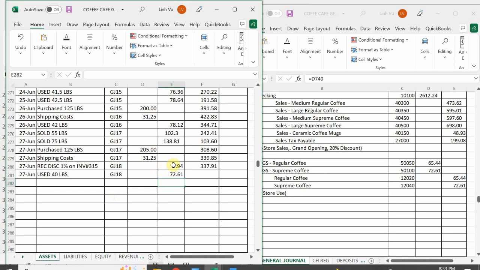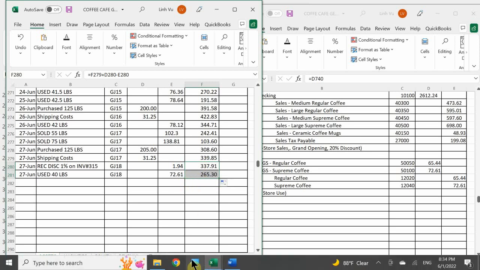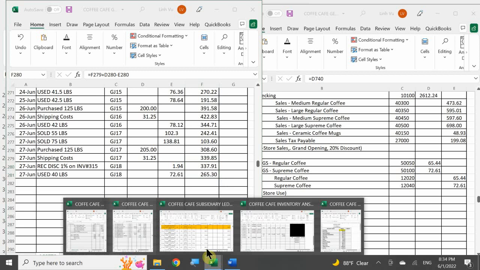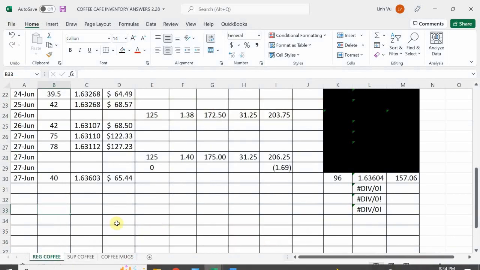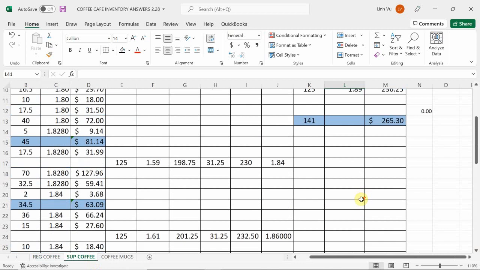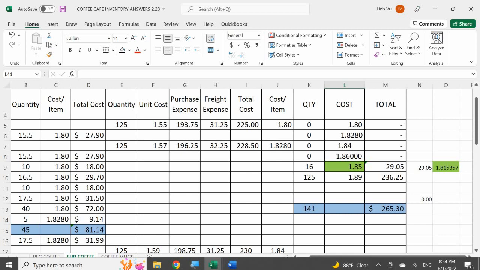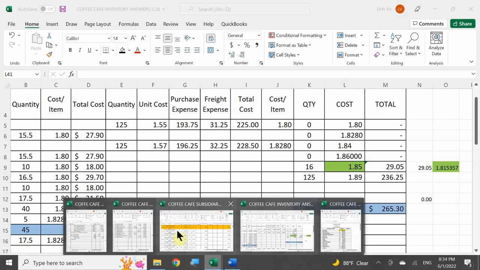So that should have dropped your account down to an even $265.30. Is that true? Yep, $265.30 is indeed true.